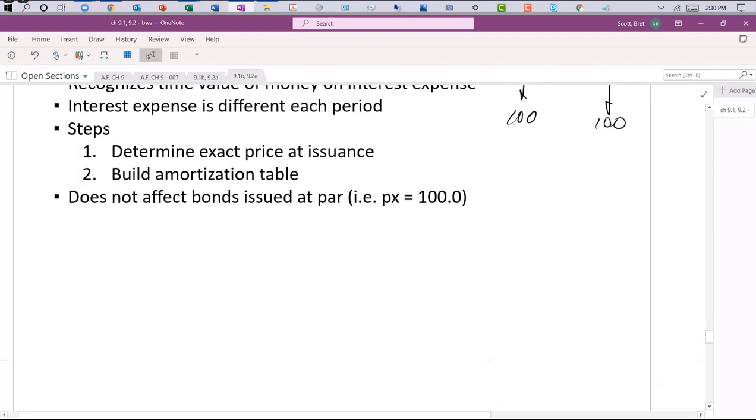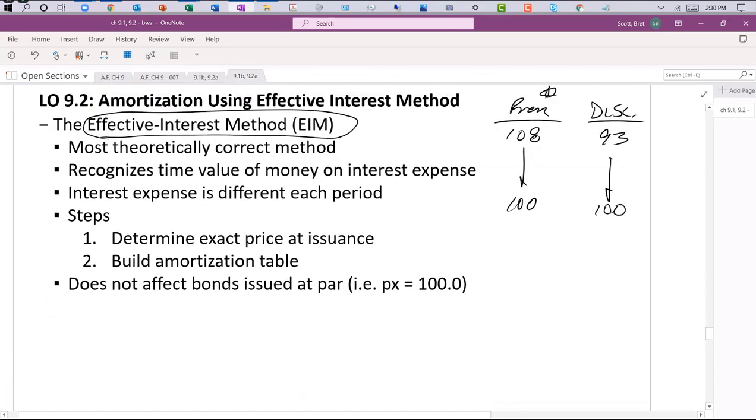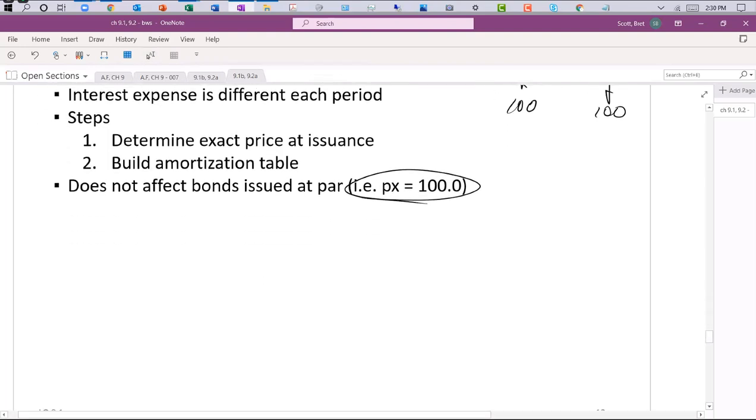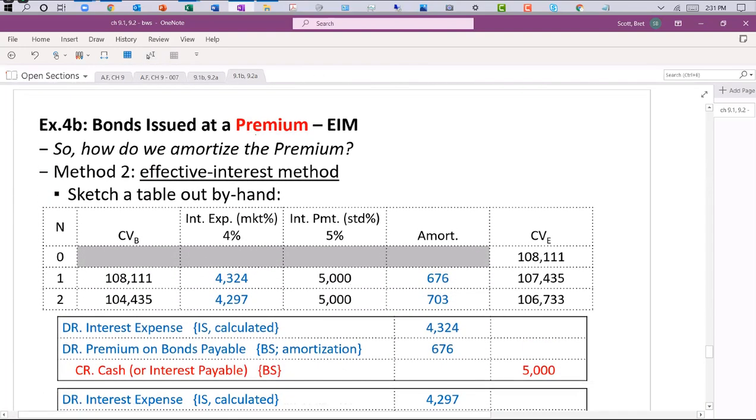Okay, so how do we deal with that? Well, first and foremost, we don't really need to worry about amortization when we sell the bonds at par. This is just taking a look at example 4B and 4C in a slightly different way. When you're looking at a situation of a premium, you have to be able to do this for the exam.